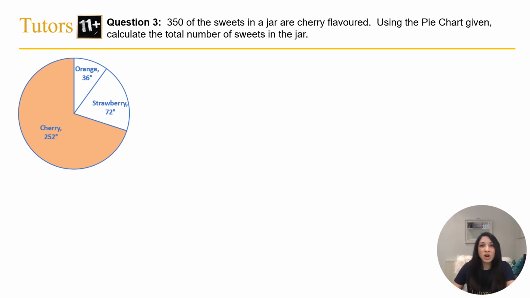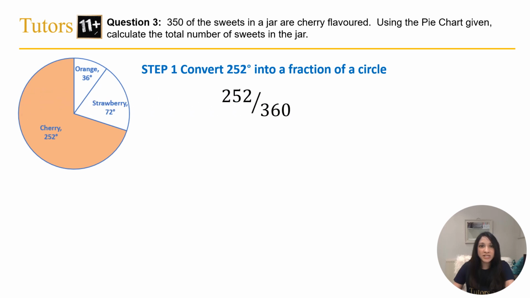So looking at the pie chart, cherry has an angle of 252 degrees. As before, in step 1, we simply convert 252 degrees into a fraction of a circle. 252 is the numerator and 360 is the denominator.